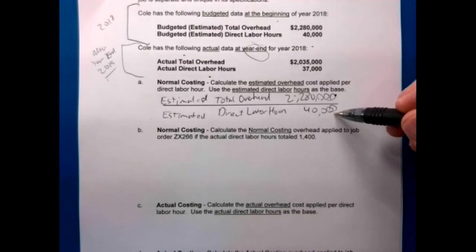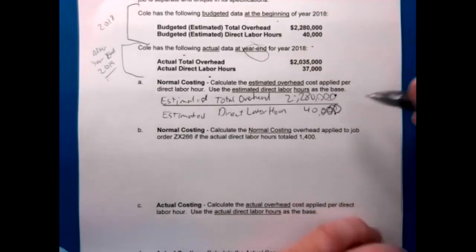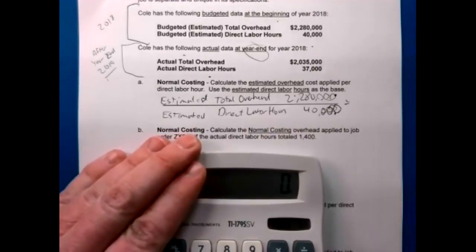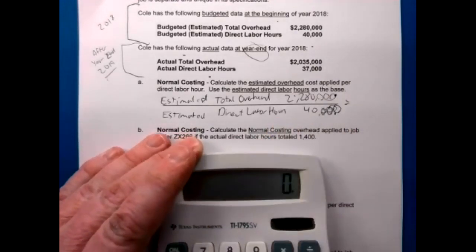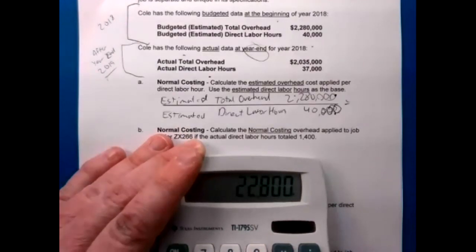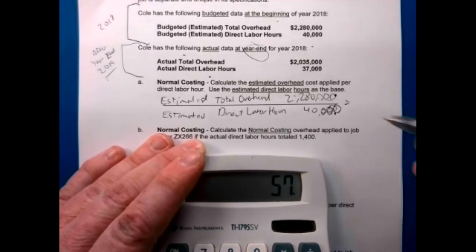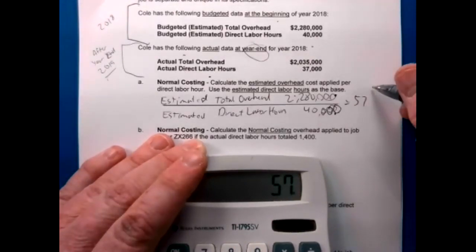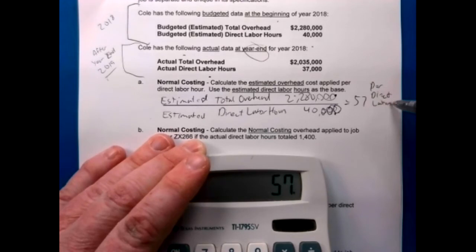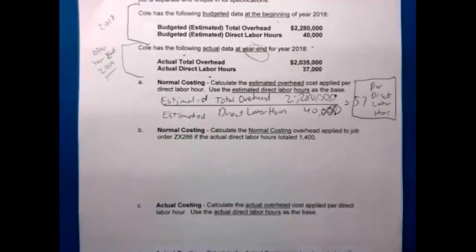So what you try doing is reducing whatever the driver is. If you were doing this every day for your job, it would be obvious that you don't want to have the direct labor hours. If every direct labor hour you get charged a whole bunch of money for, you say, okay, well, let's not do that. Okay, the per direct labor hour.